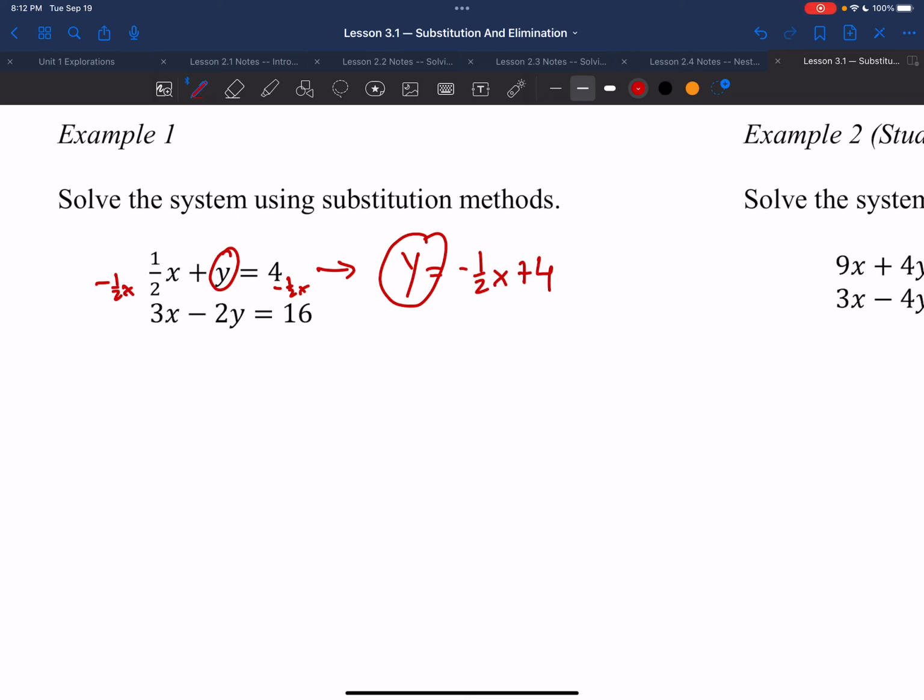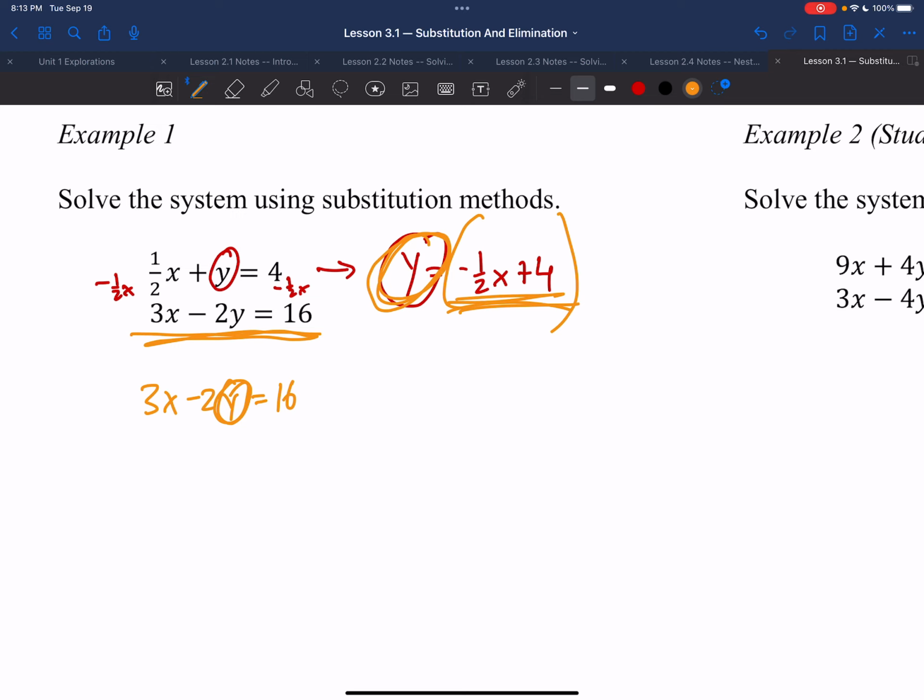And so this is an isolated expression for y. Now what I will do with this is take this y here and replace it in this equation. So you have 3x minus 2y equals 16, but this y is this expression I'm highlighting right here, negative 1/2 x plus 4. And so you're going to replace y with this expression.